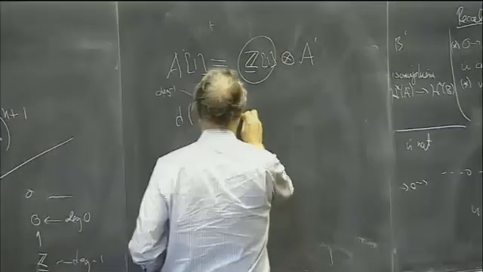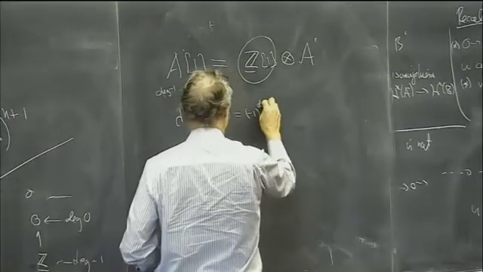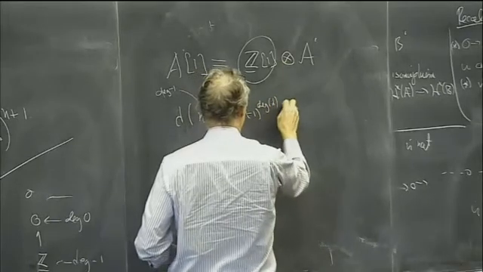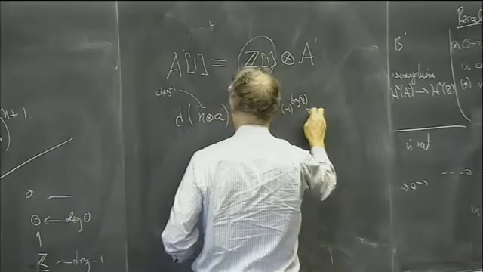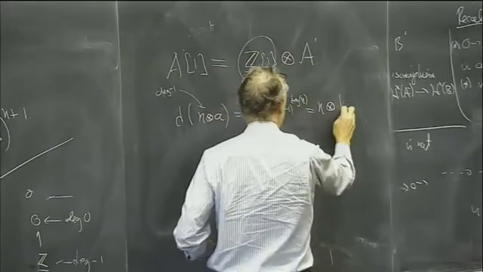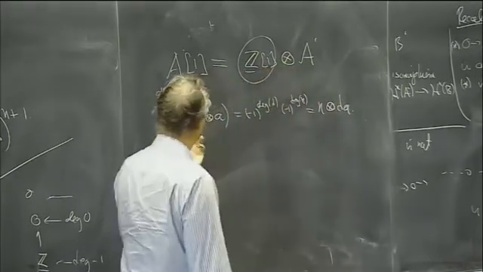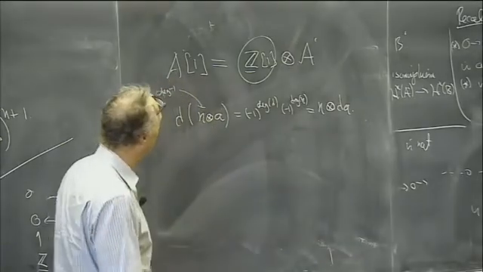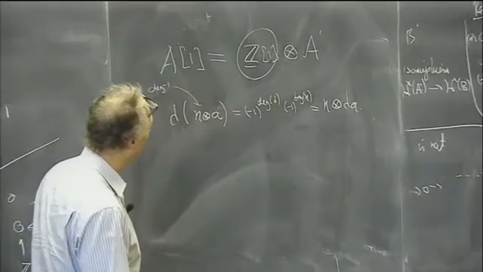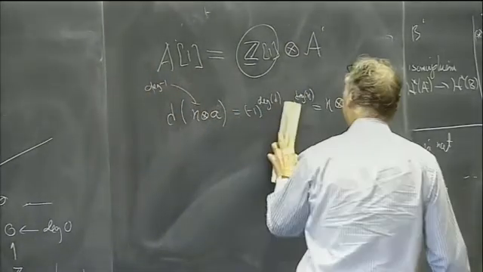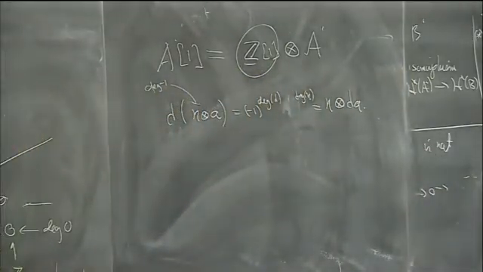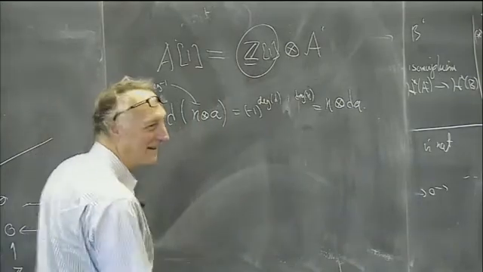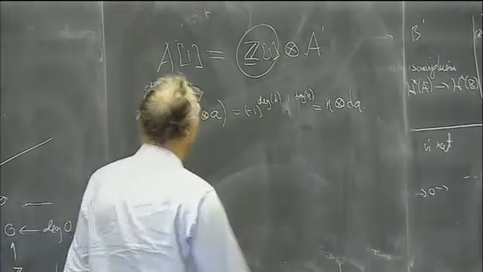So this should be minus 1 to the degree of D times minus 1 to the degree of eta, tensor dA. Because that would be minus 1 to the sum of the degrees. Minus 1 to the product. That's better. Thank you. And you have an equality sign that shouldn't be there.